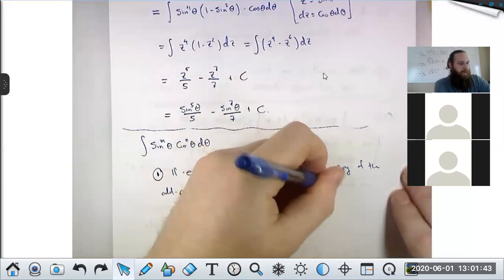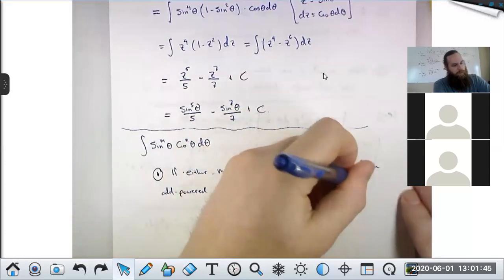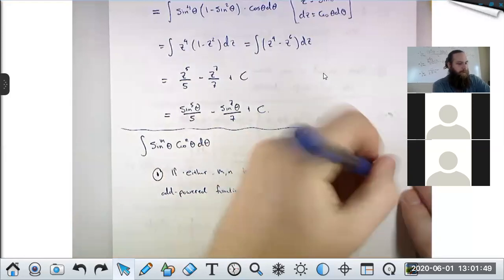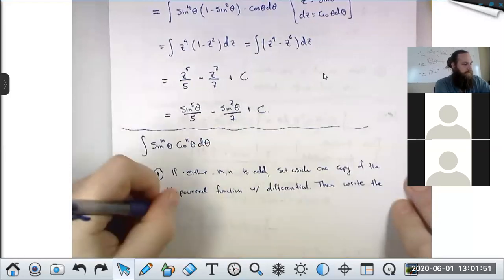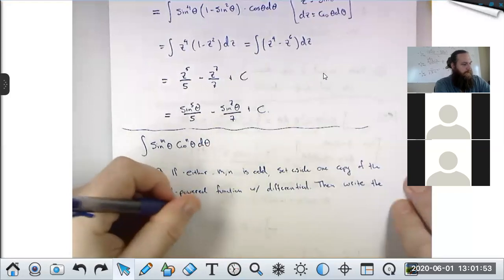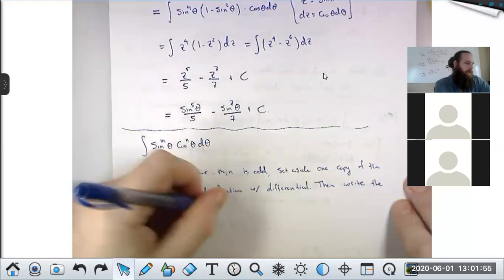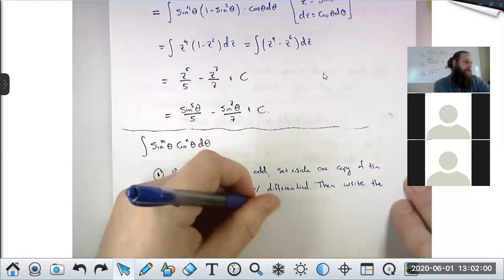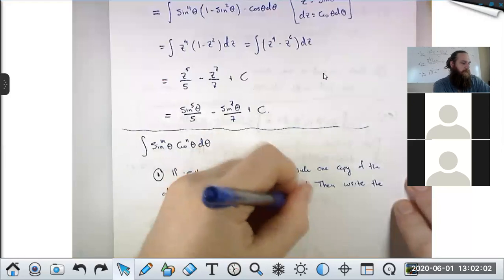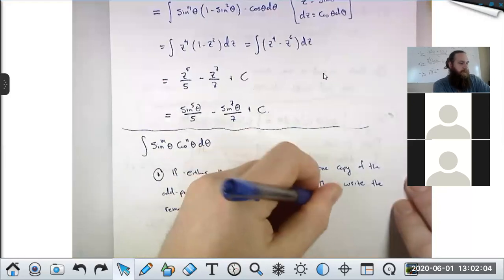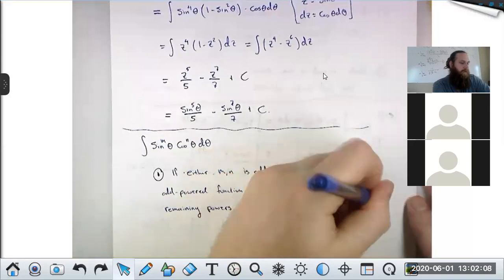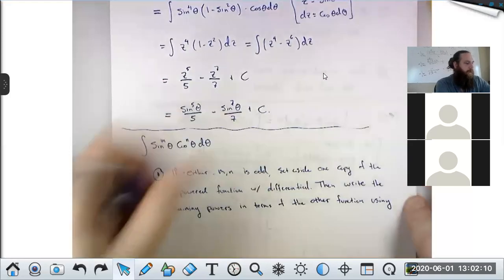Then write the remaining powers in terms of the other function using Pythagorean identities.